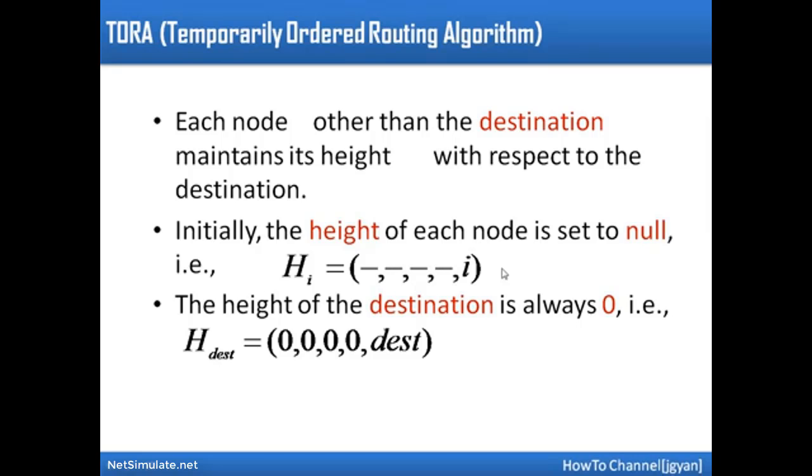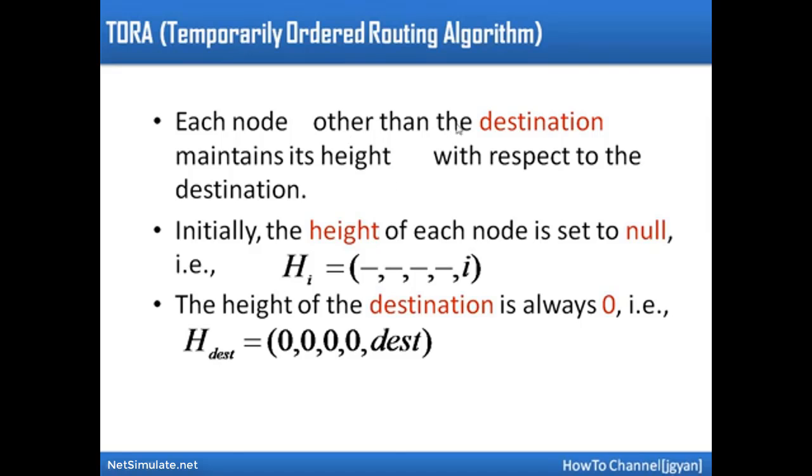So this is a null height, it means it's not known. And if you want to represent zero height, in that case it is 0 0 0 and id. The height of a destination is always 0, because the destination is reachable from itself with 0 hop count.